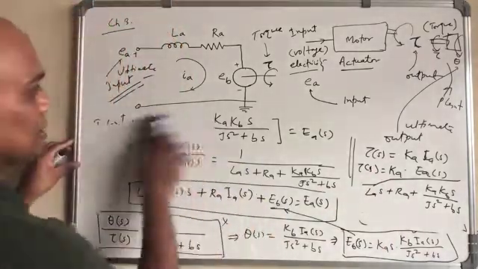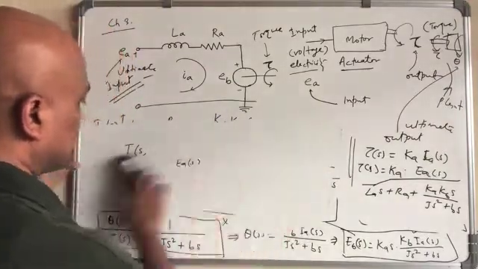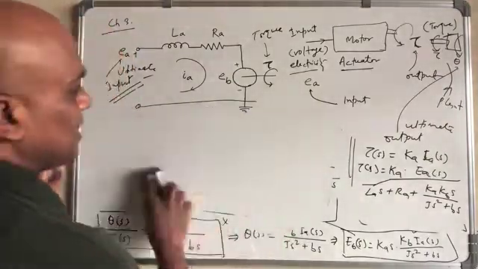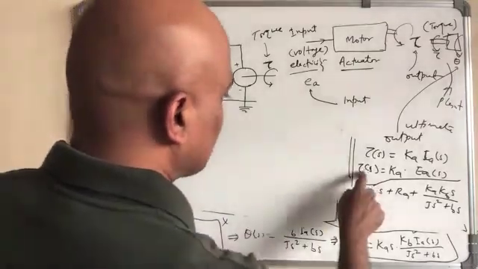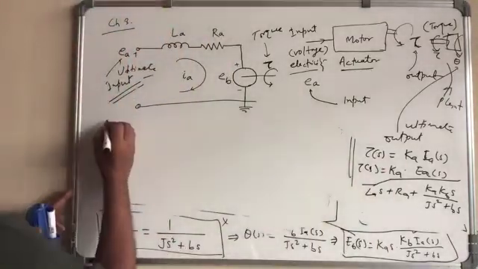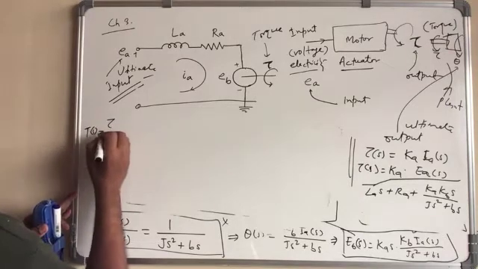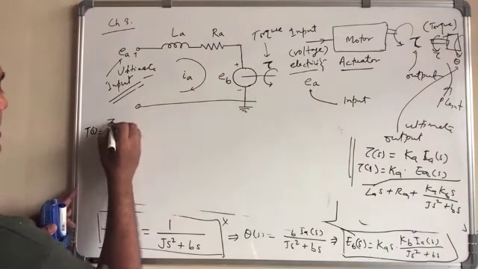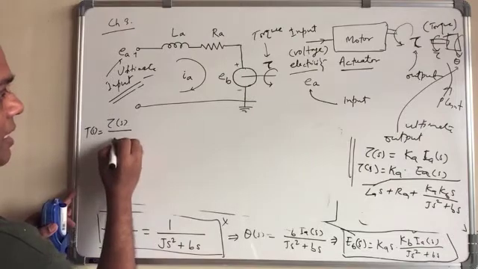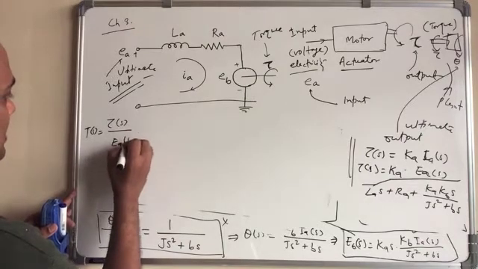Now I can remove this one. So far, what relation do we get? We are getting another transfer function, this is tau S divided by EAS.